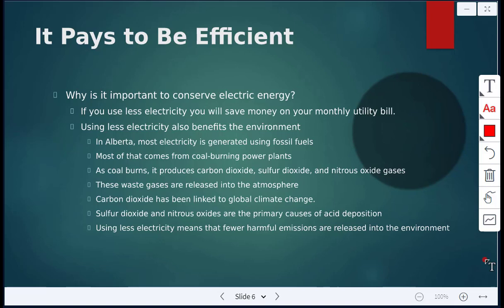These get released into the atmosphere, and they have been linked to global climate change. Sulfur dioxide and nitrous oxide also cause acid rain, acid precipitation and acid deposition. So using less electricity means that fewer harmful emissions are released into the environment.